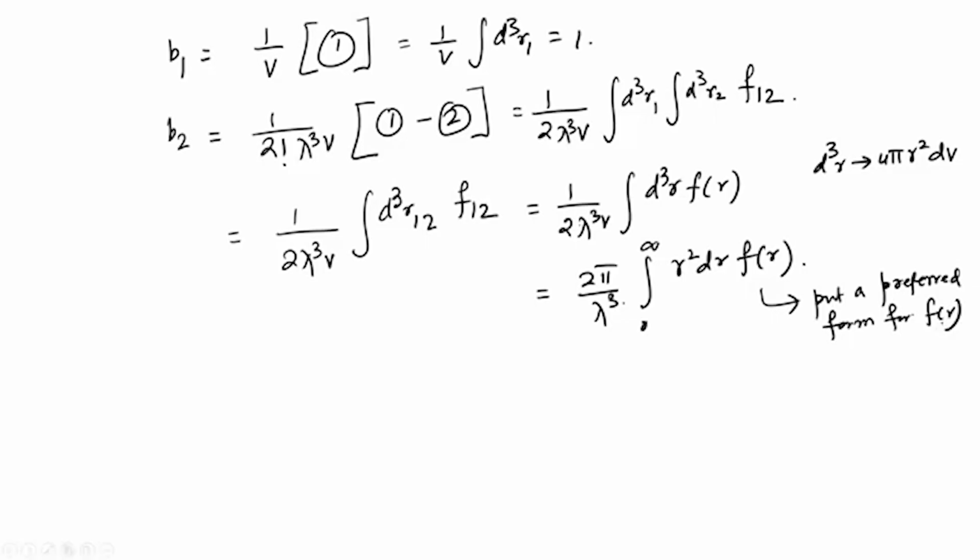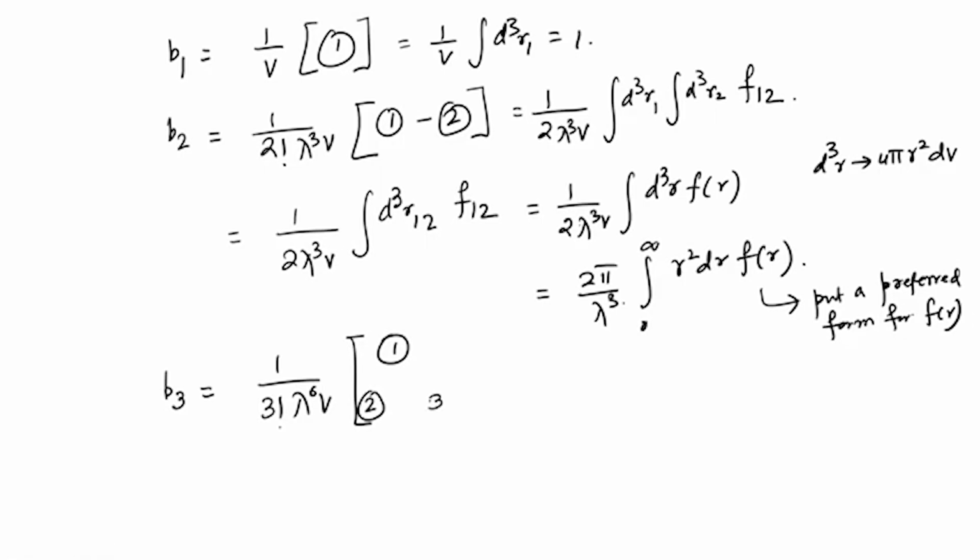All right. So, let me see the next one, and this is B3, which is 3 factorial, which is nothing but 6, and it is lambda 6 into V, and then you have all those terms. Let me show them by these graphs. The B2 I have shown by expressions.